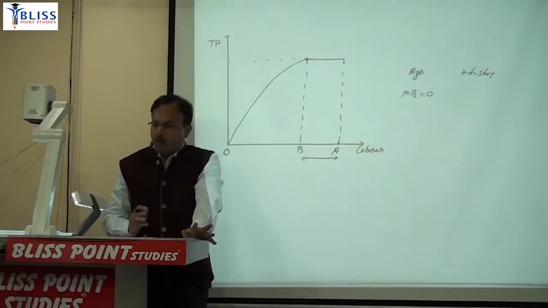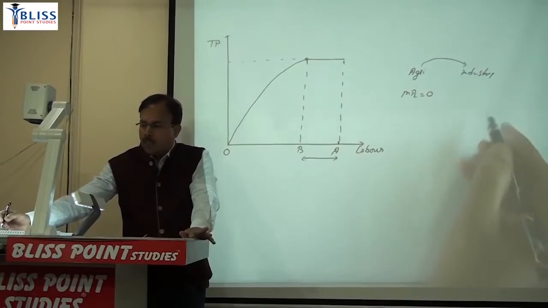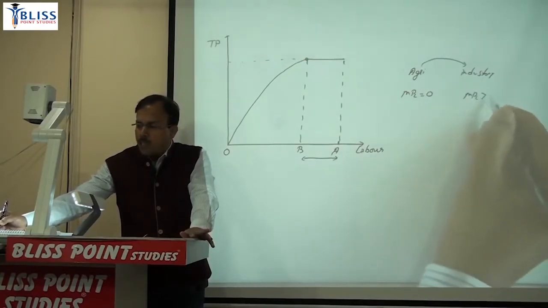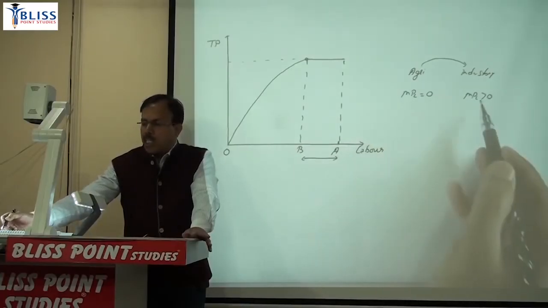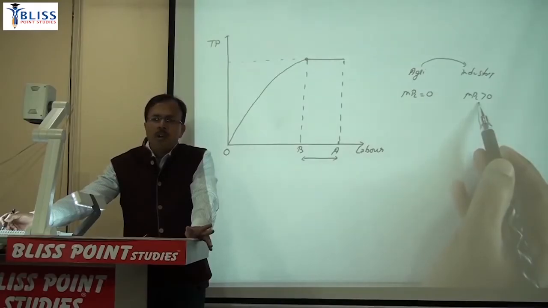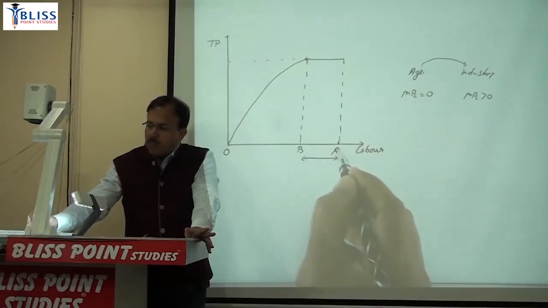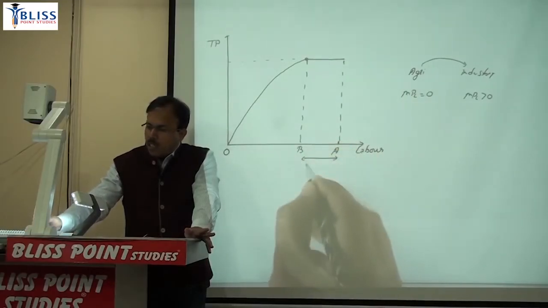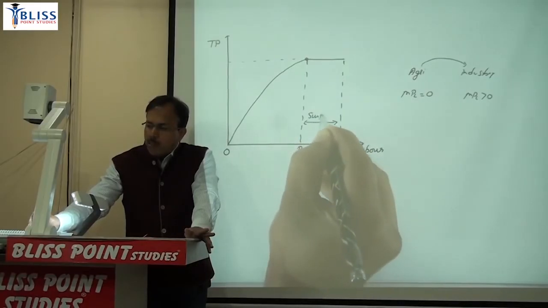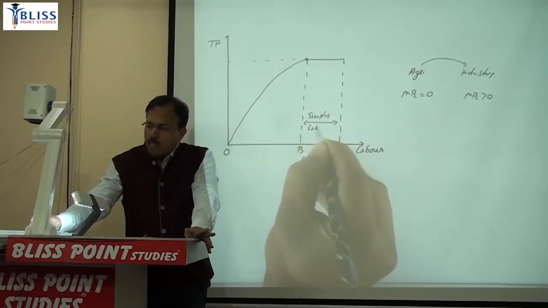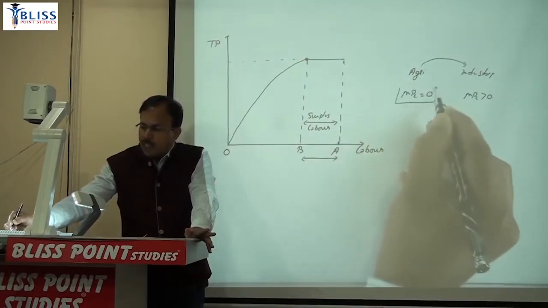But if that labor moves from agriculture to industry, in industry marginal productivity is positive. So there is no loss of output in agriculture, but there is increase in output in industry. So overall output will increase. So marginal productivity of labor is 0 between A and B. This is being referred to by the Lewis model as surplus labor. It is surplus labor in the sense its marginal productivity is 0.